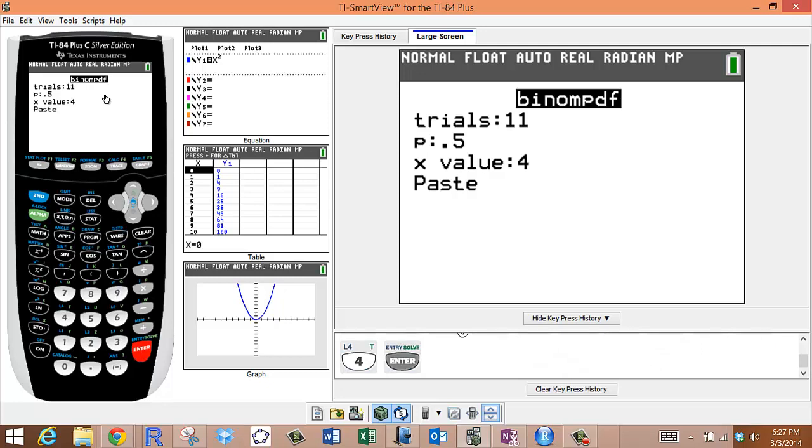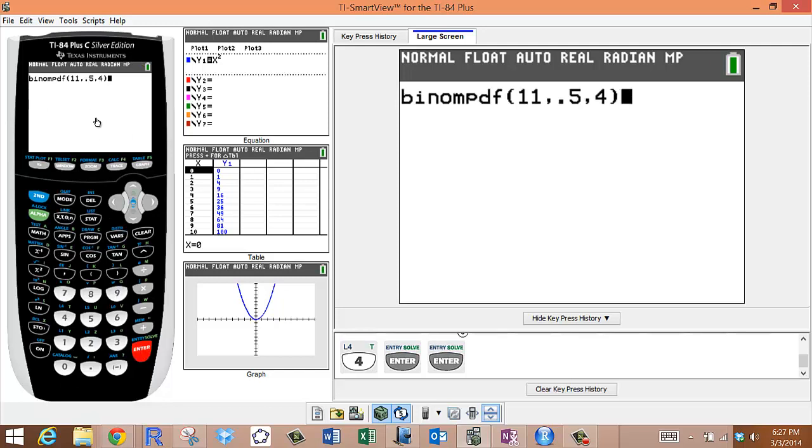Okay, now if you don't have the fancy menu here, you can just enter the n, p, and x into your parentheses separated by a comma, because that's essentially what it'll do, is paste it in here and separate it by commas. So now we just hit enter.